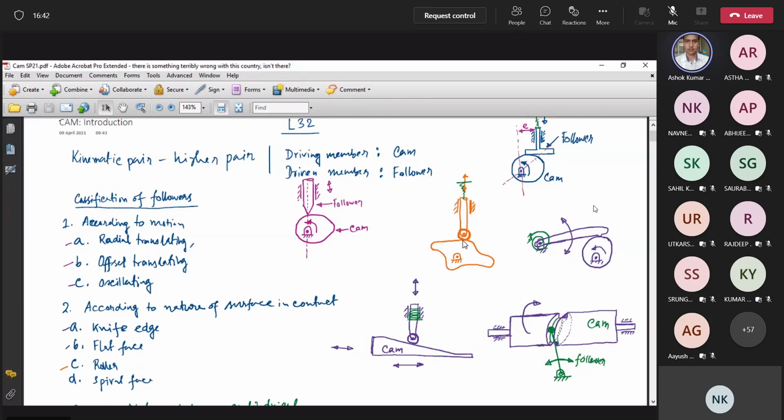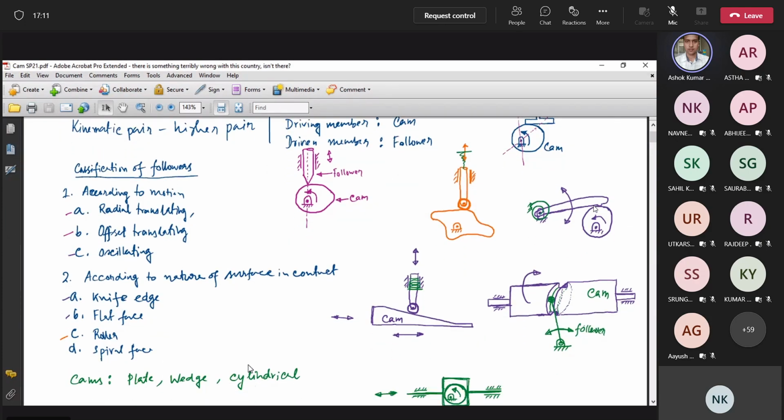If you put a roller, there will still be friction between the cam surface and the roller surface, but the rolling friction is less than the sliding friction. So the frictional force is less in this case. To provide this advantage, we can put a roller, and this follower is called a roller follower. Similarly, a spiral face follower is there. I have not shown it here.